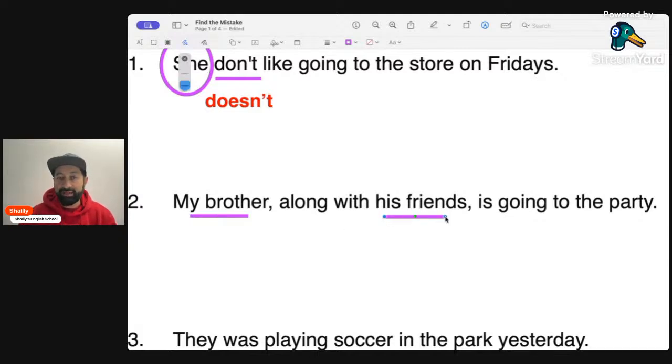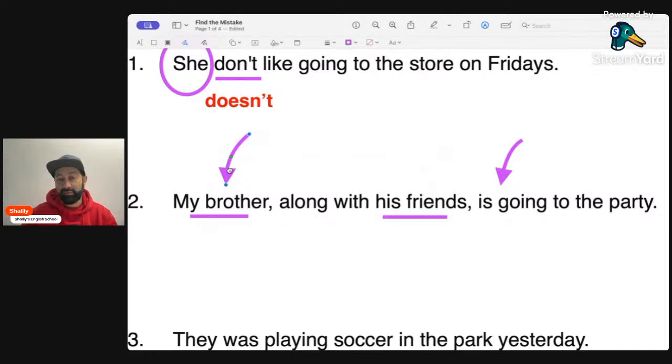Whenever you're taking a grammar test, look at the subject nearest to the verb. Our verb is going. So we've got 2 subjects, brother and friends. Now, is matches my brother. My brother is going to the party.